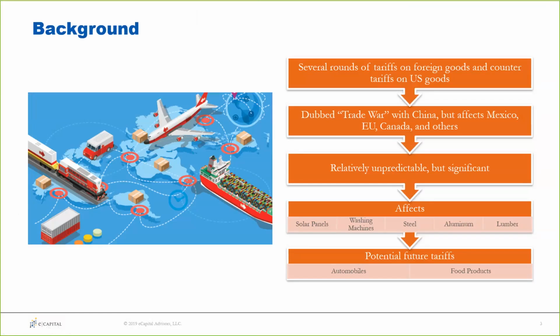Potential future tariffs, there have been rumors that there are potential tariffs coming against automobiles and food products out of Europe, but this is just rumors. Won't actually know anything until anything goes into place. Sometimes things are reverted at the last minute. Sometimes things come out of the blue at the last minute. Overall, this creates an environment that is just highly unstable and very hard to plan for.